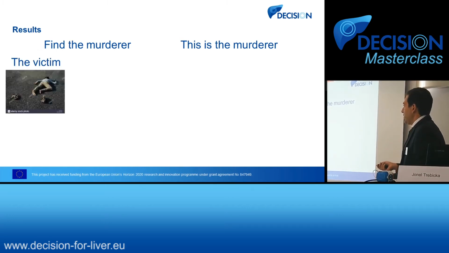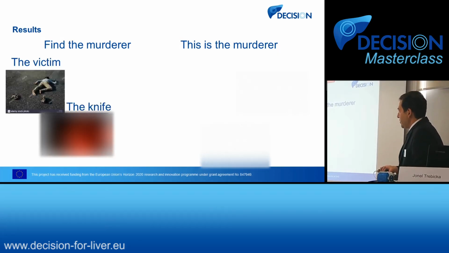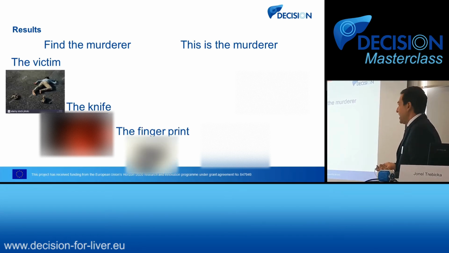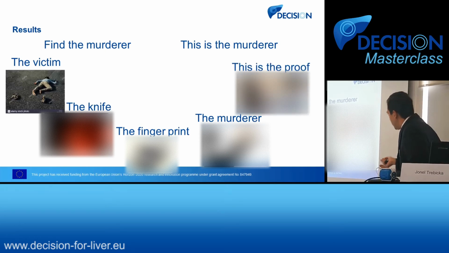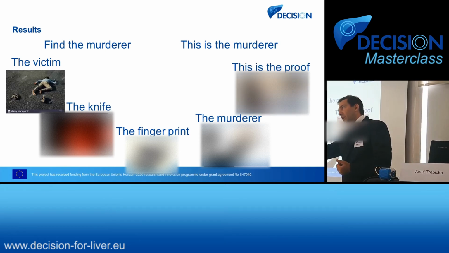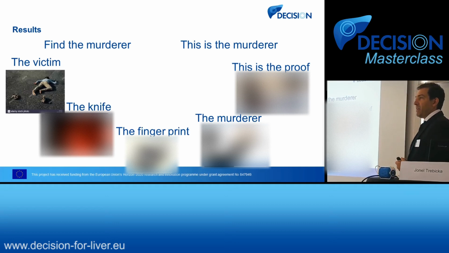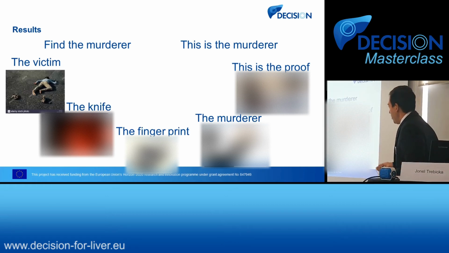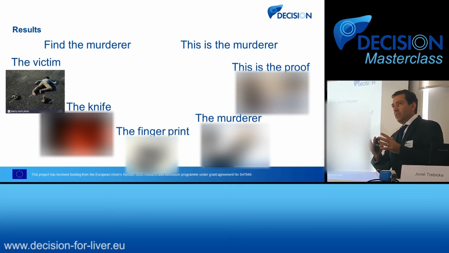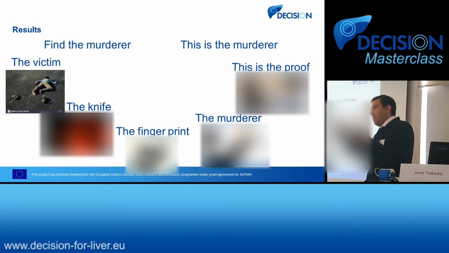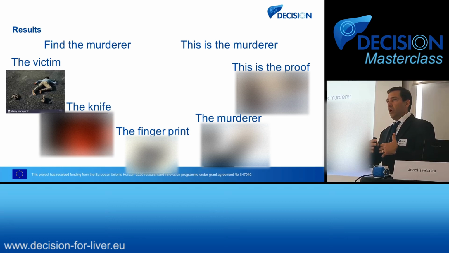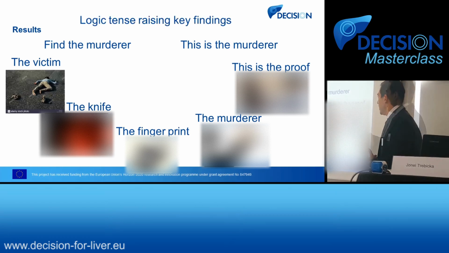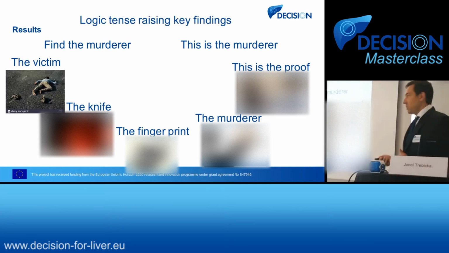So first is the victim, then you have the knife, then you show the results on the knife, then the fingerprint on the knife, then the picture of the murderer, and finally the proof that this murderer killed the victim, you know? If you have all this, then please go through it step by step and make a story out of it, because the results are also nicer if you increase the tension through the way you write them.